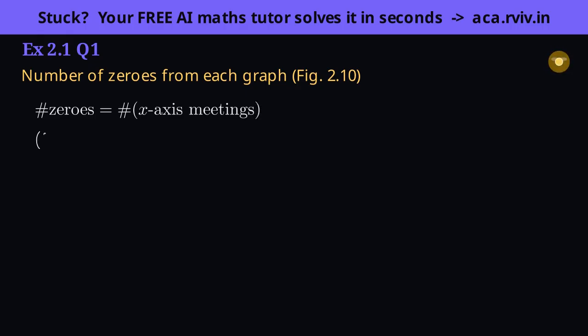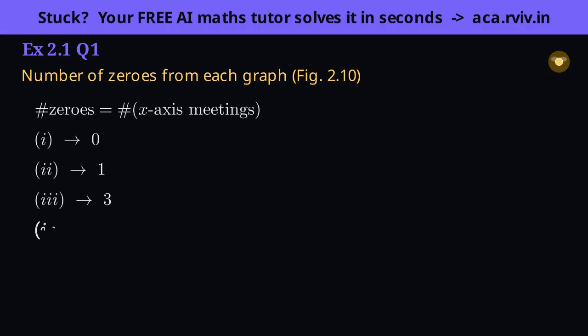Graph 1 floats entirely above the axis and never touches it, so it has 0 zeros. A curve is allowed to miss the axis completely. Graph 2 just grazes or crosses the axis at a single point, so 1 zero. Graph 3 meets the axis at 3 distinct places, so 3 zeros.